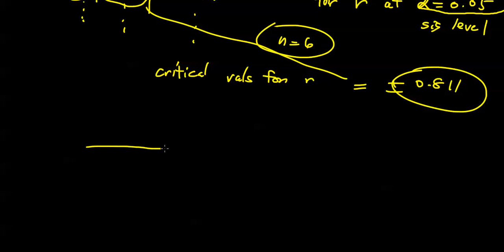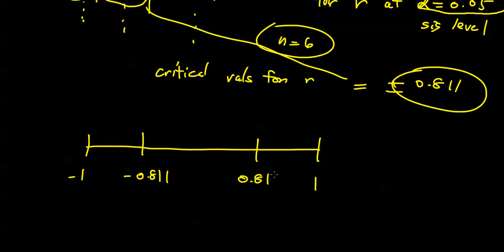All right, so what I've got here now, if I draw a little graph of possible R values, I'll label my critical values for R. And remember, if you're in this region, you've got a strong negative correlation.